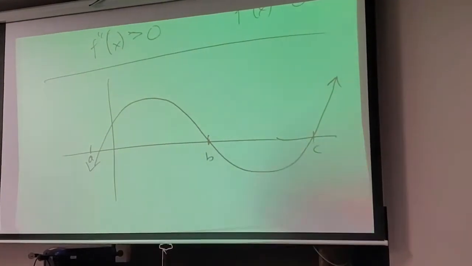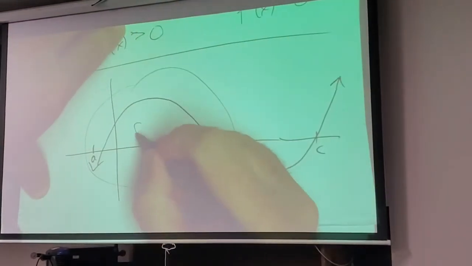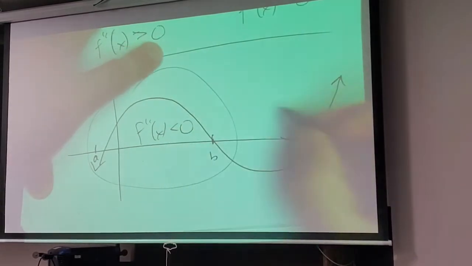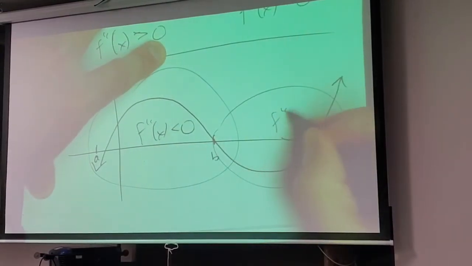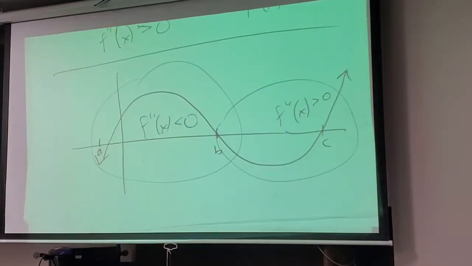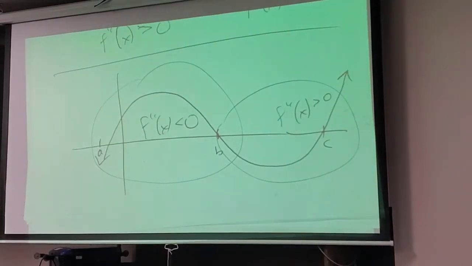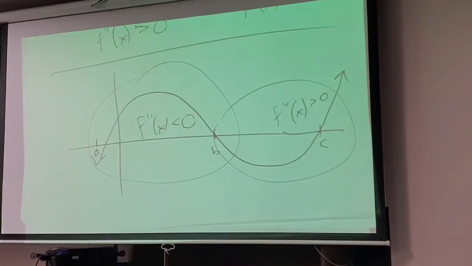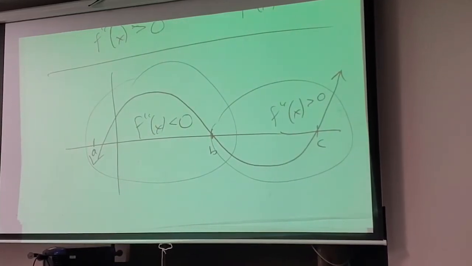So this whole region here, f double prime, is negative. This whole region here, f double prime, is positive. I kind of had a little overlap there, too bad for me. Does that make sense? Cup down, cup up. Holds water, doesn't hold water is another way to think about it, right?